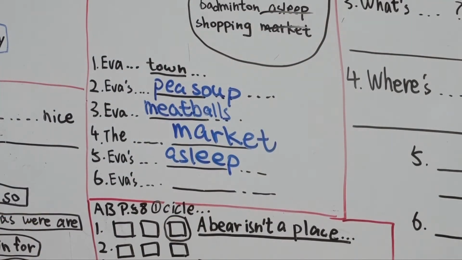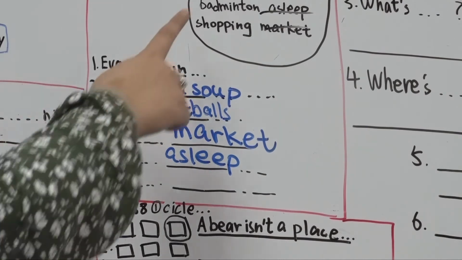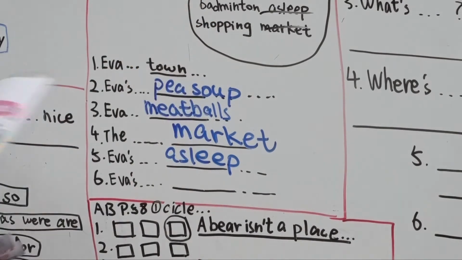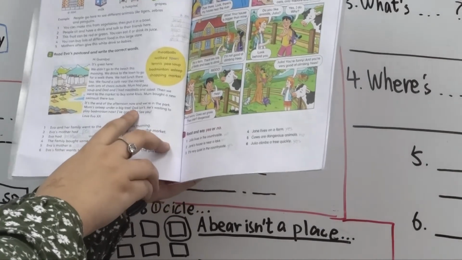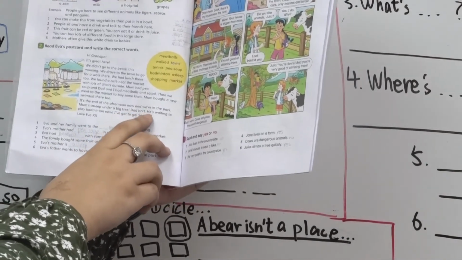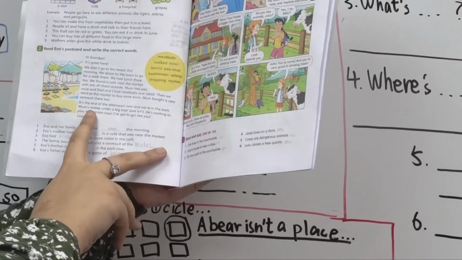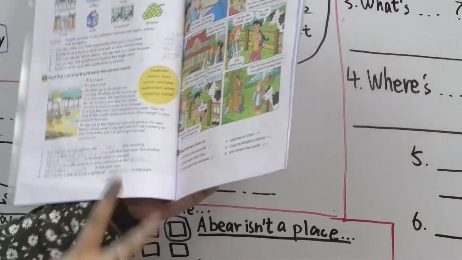The last one. Eva's father wants to have a game of space in the park. Game of walked, tennis, badminton, shopping. What is it? According to the paragraph, it says that Dad isn't. He's waiting to play badminton now.